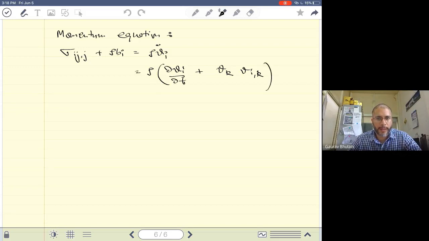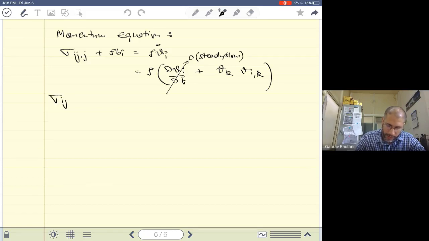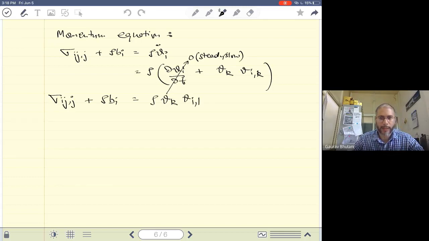Now we already know that it's a steady flow situation, so that means del vi by del t is 0. So what we have finally is sigma ij comma j plus rho bi is rho times vk vi comma k. So this is our momentum equation.